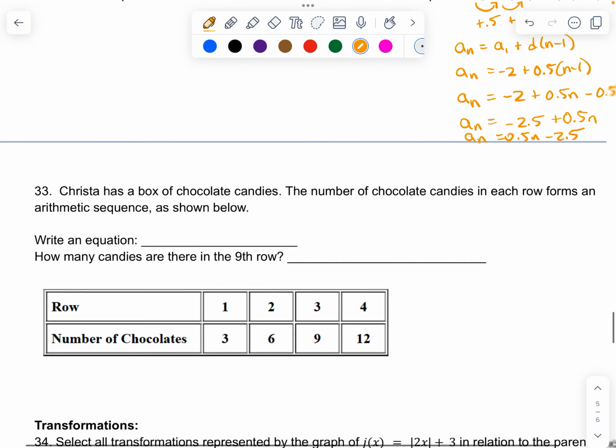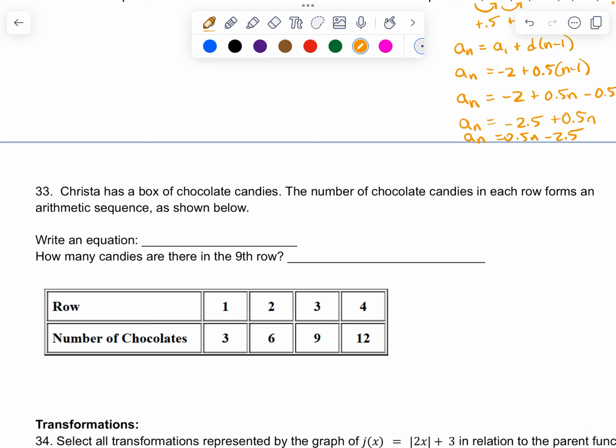Krista has a box of chocolate candies. The number of chocolate candies in each row forms an arithmetic sequence. Write the equation. So, up by 3, up by 3, up by 3. So that means my common difference is 3.